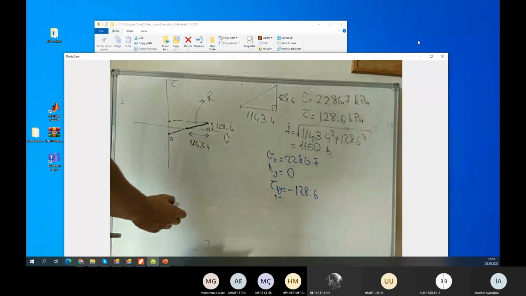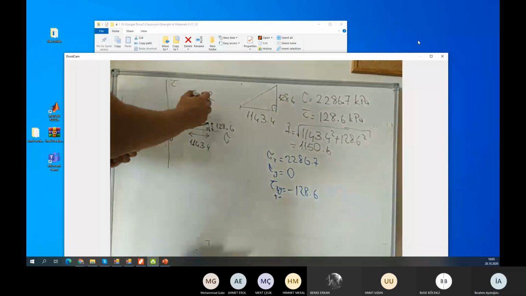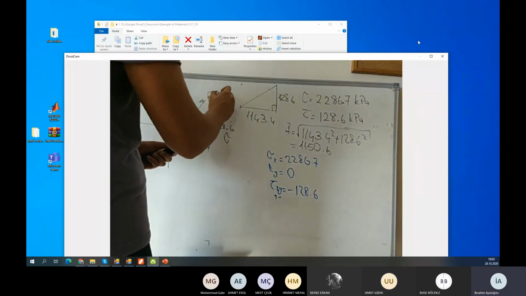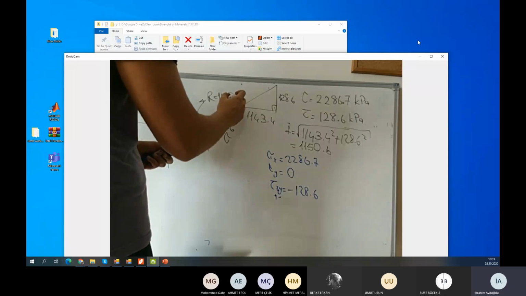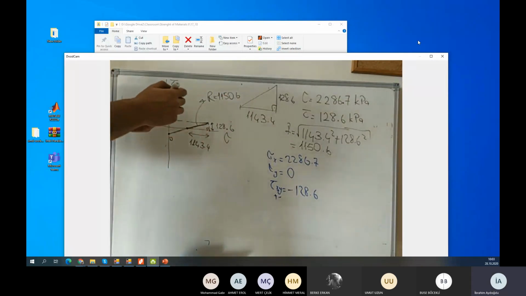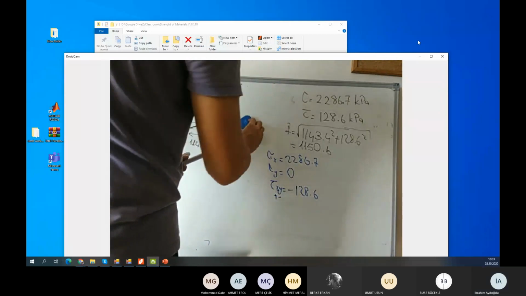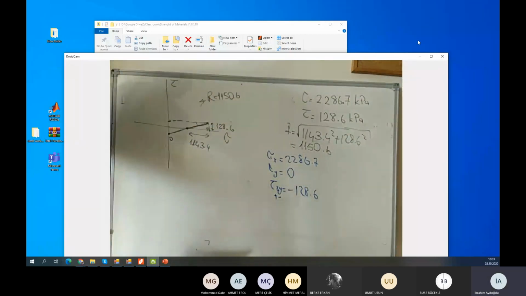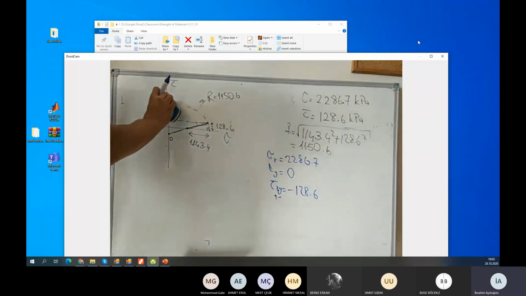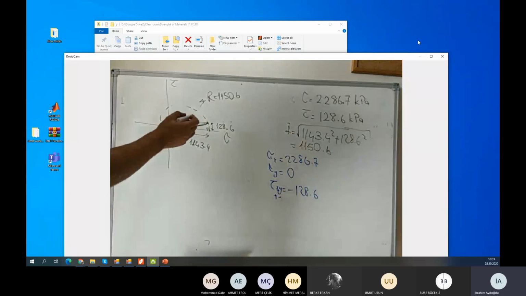Okay, so this is the R, 1150.6. So I need to place this triangle. Do you understand how I can find the R? Okay, it's so simple. Then I need to draw my circle. Like this.